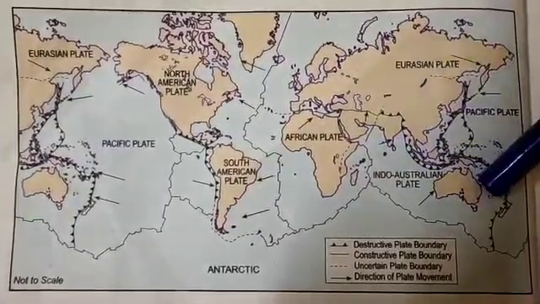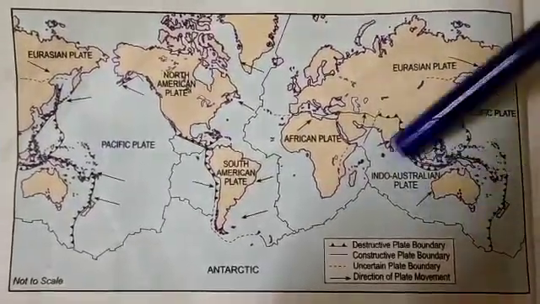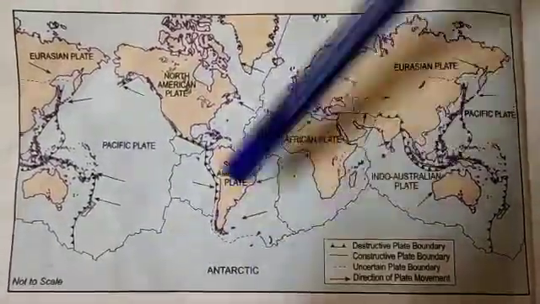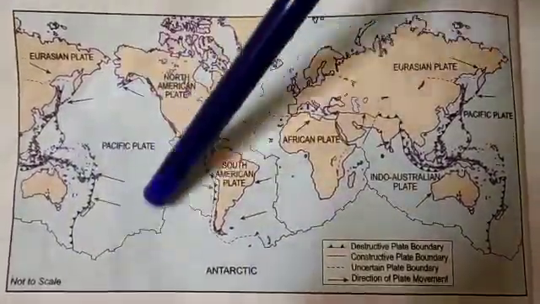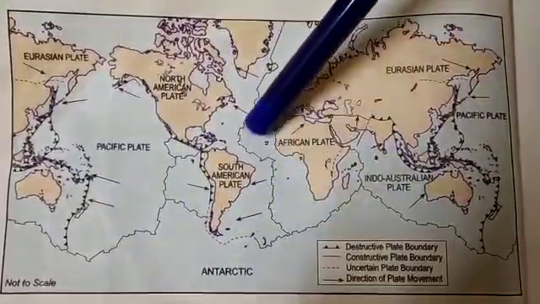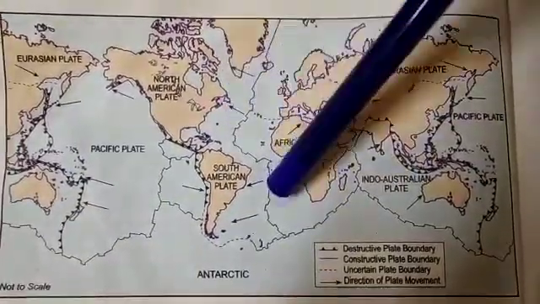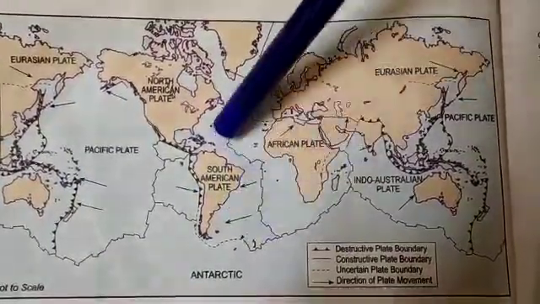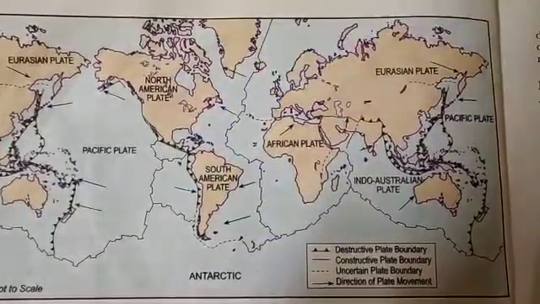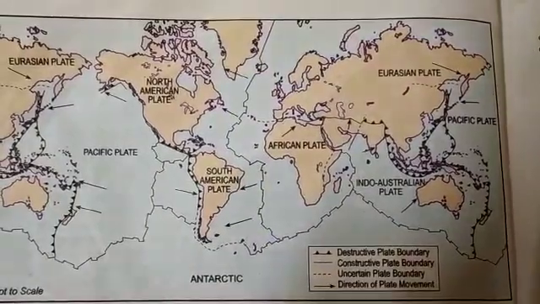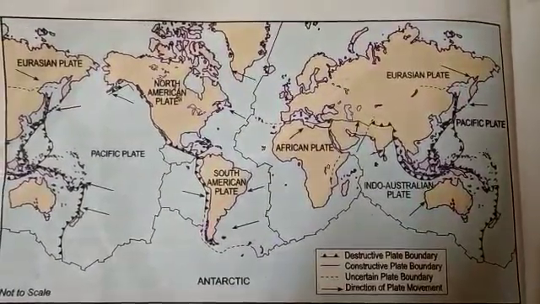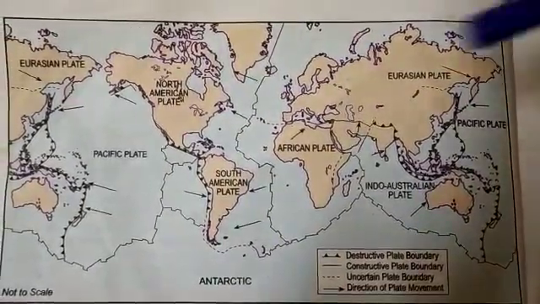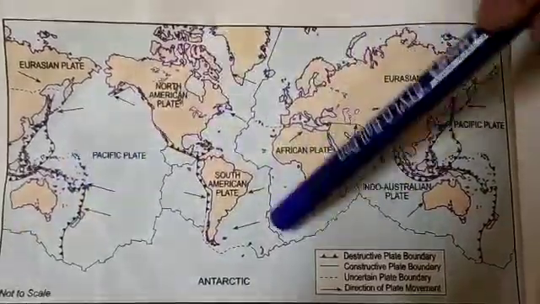Here you can see the Indo-Australian plate, and this is the Antarctic plate, and this line you can see is a plate boundary, where the two plates converge and meet. Most of the Earth's volcanic activity and earthquake activity occurs at plate boundaries.